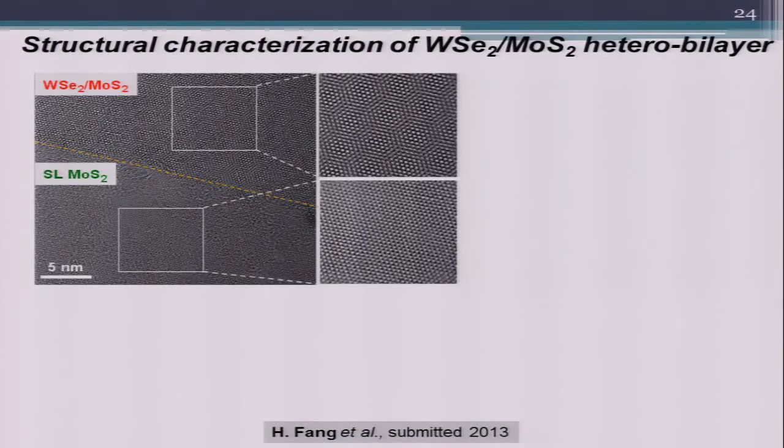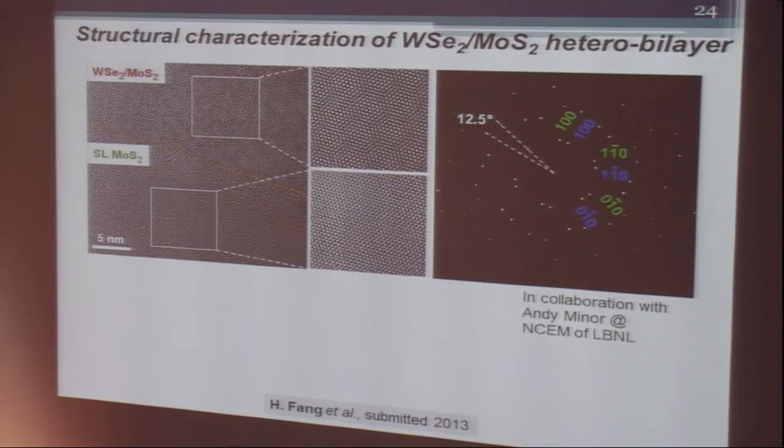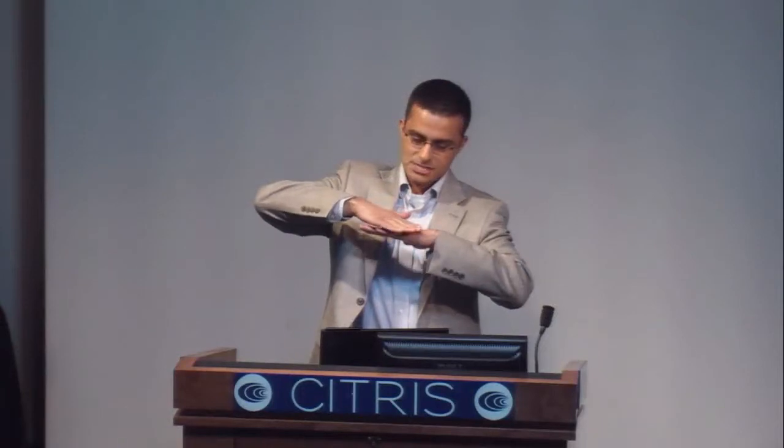So we built these heterostructures, and the first thing that we did was TEM on these material stacks. Here what you're looking at is a single layer of molybdenum sulfide. Here is your single layer of tungsten diselenide on a single layer of moly sulfide. You can clearly see this moire pattern that comes from a little bit of angular orientation between the two layers when we transfer one on top of the other.